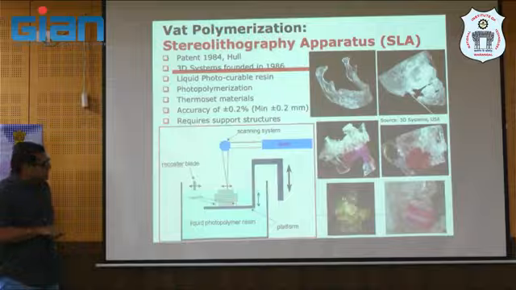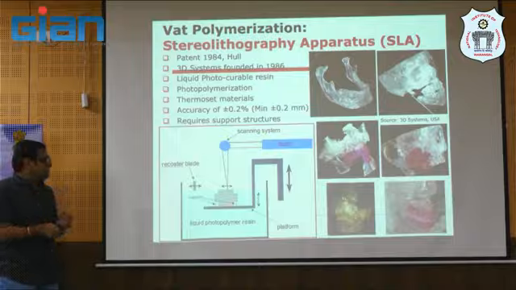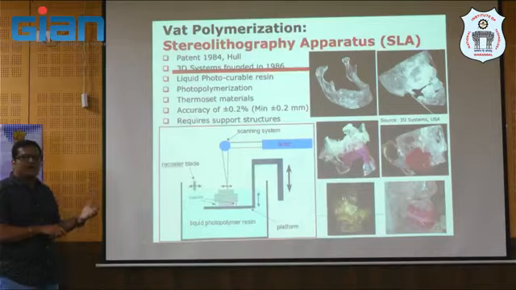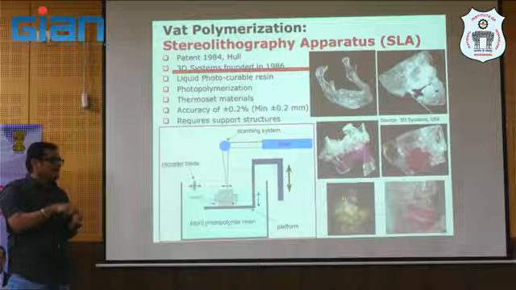In the traditional way of gathering information, they will take an impression, but an impression gives only the outer surface, while the nerve is inside the jawbone. There is no way a traditional impression technique will tell you about this bone and the nerve. If the dentist doesn't know about that nerve, he may damage it.